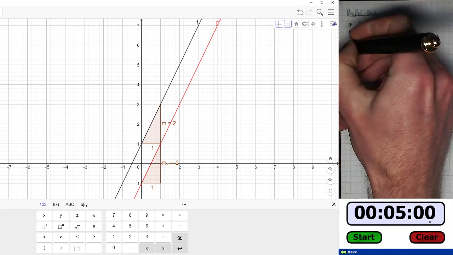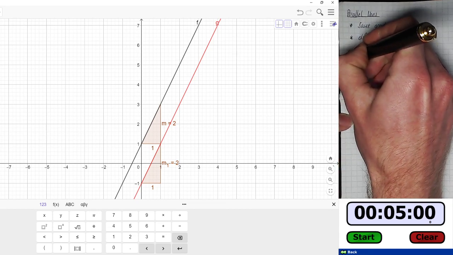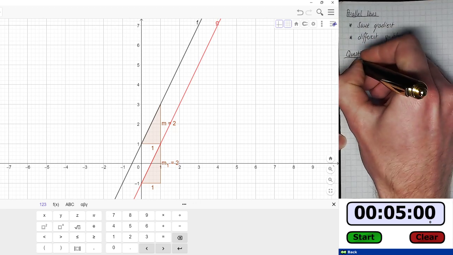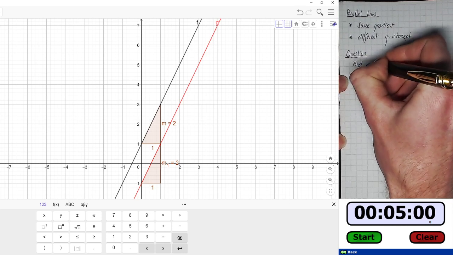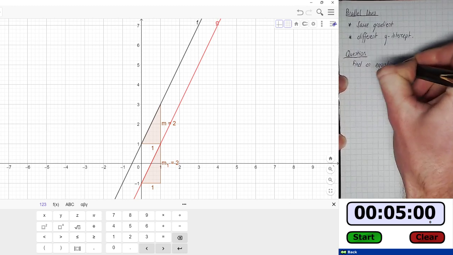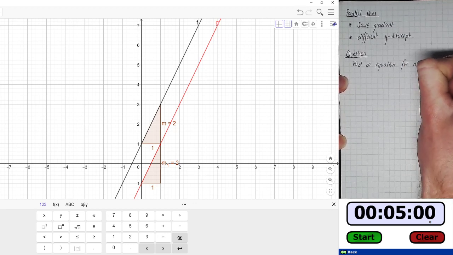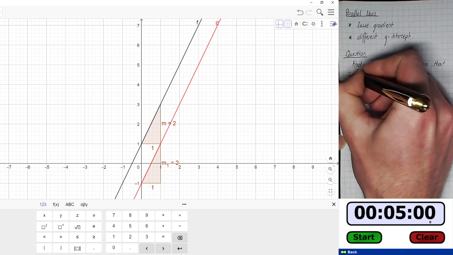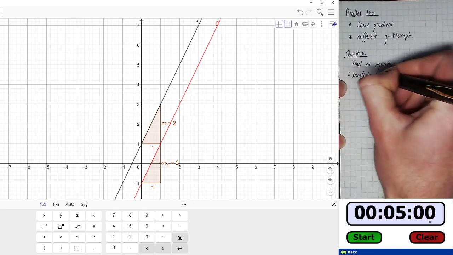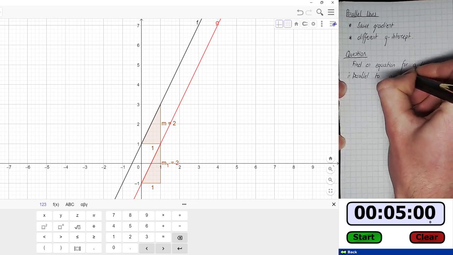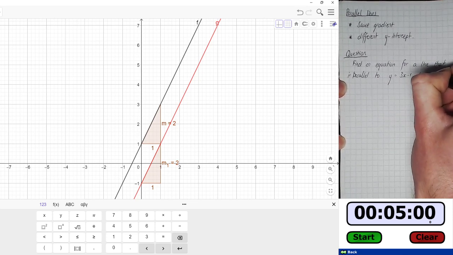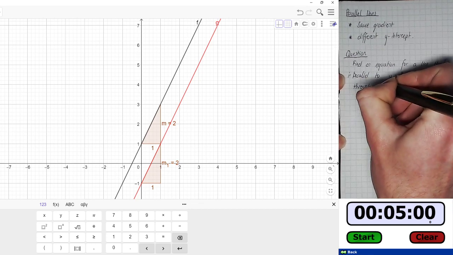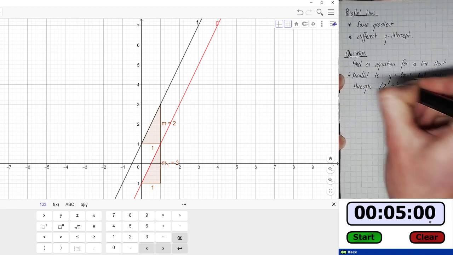Okay, so a question that we could have to do with parallel lines could be: find an equation for a line that is parallel to y equals 3x take away 1, but passes through the coordinate (2, 5).